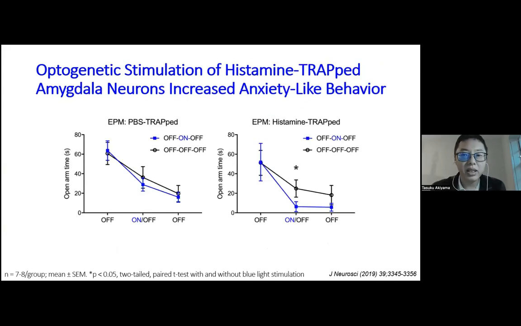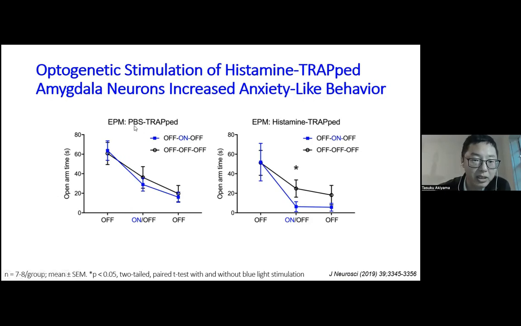Using those trapped mice, we ran the anxiety test. We placed the mice on the elevated plus maze, and first we used the PBS trapped mice.